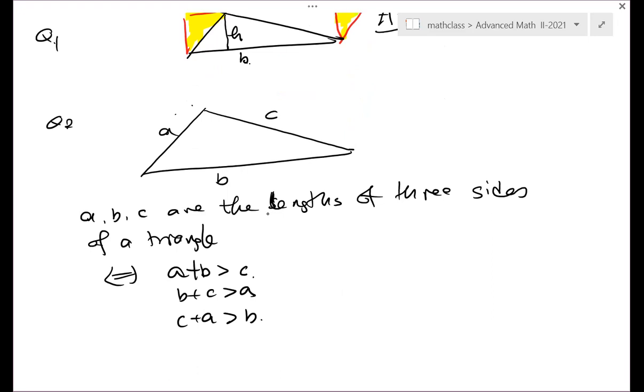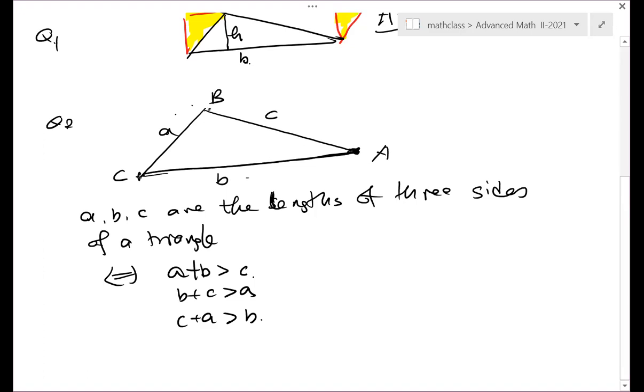Okay, and look at that, right? The distance between A and C is B, right? And this should be shorter than the distance going through C, B and A. If you go from C to A, the shortest path is the straight line.